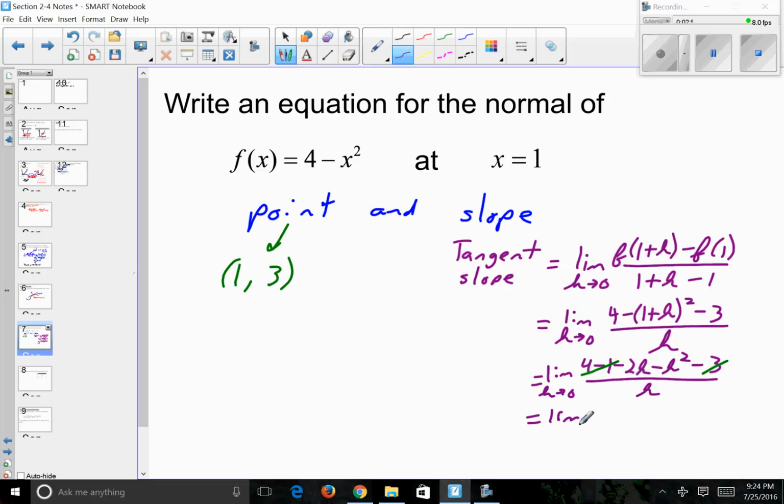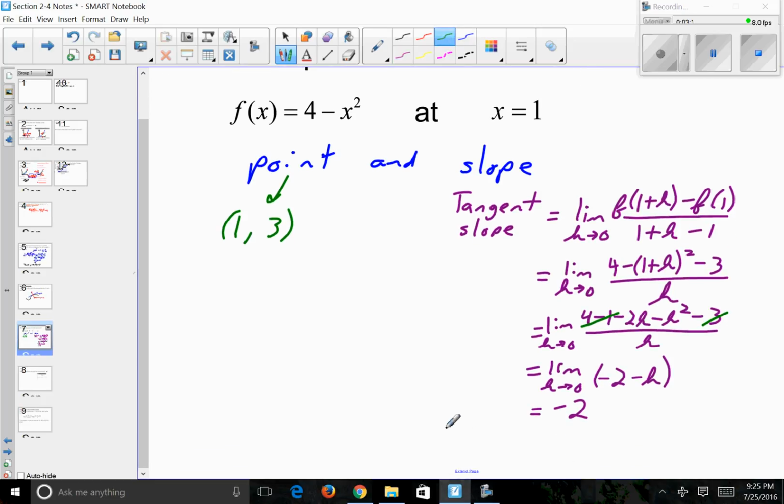So I'll have the limit as h approaches 0 of negative 2 minus h. Now I can go ahead and do substitution, and when I plug 0 in for h, I get the tangent slope is negative 2. However, the slope of the normal is the opposite reciprocal of that, which would be positive 1/2.